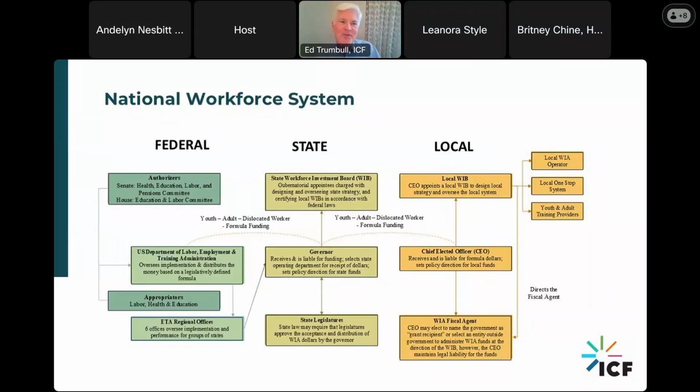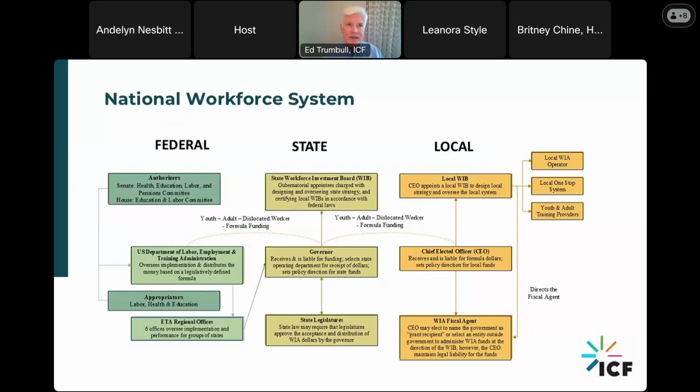So let's go to the national system. Essentially there are three tiers: the federal level, state level, and local levels. And here we're going to speak about the Workforce Innovation and Opportunity Act of 2014, which is being considered for reauthorization right now.